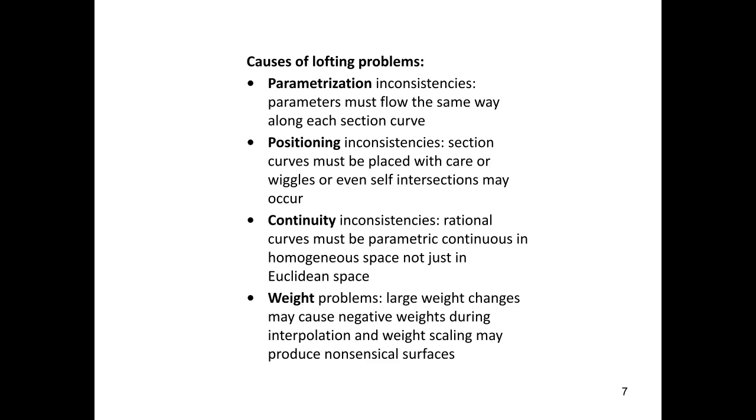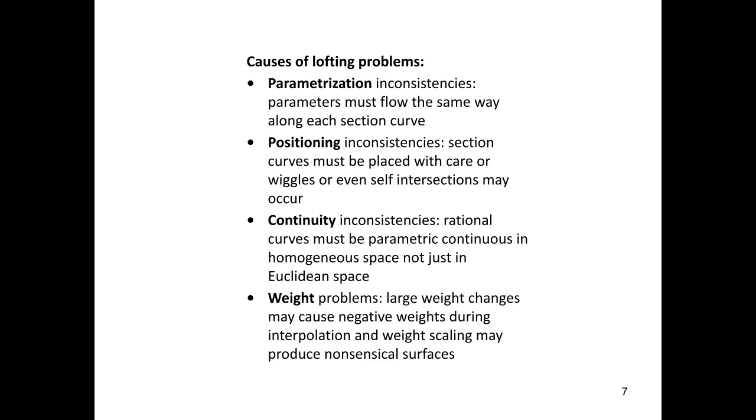So this idea of parameterization can refer to our U and V directions. Positioning refers to our set of curves being laid out. Continuity is our functions that we'll be using, continuous functions. Weights are parameters to scale our knots.